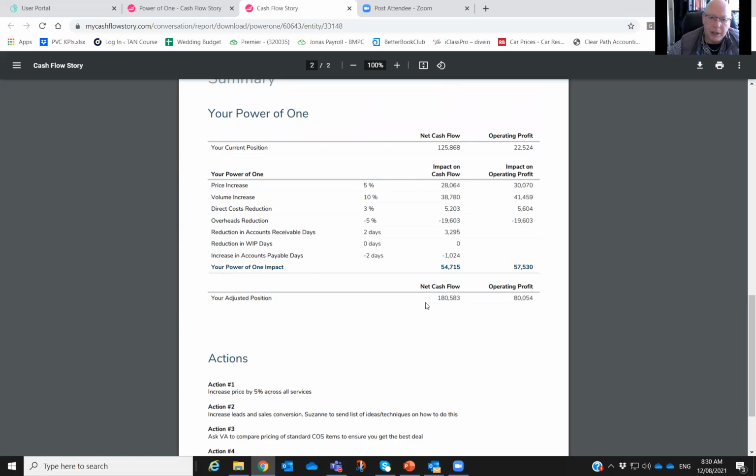Any other questions? I guess I probably have one question. Something that would then need to be factored in is, everyone would love to be able to click their fingers and get a 10% increase in volume. But typically there might be some marketing costs associated with that. So I guess that would then drop that overhead. Yeah, that's right. That's where we look.